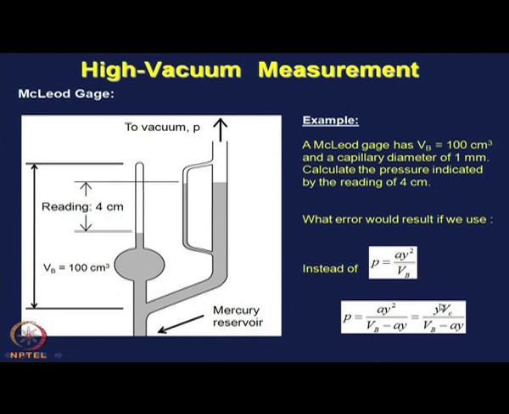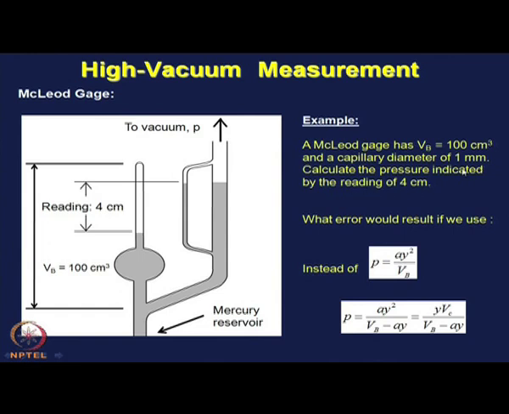So, let us take a simple example and elaborate on this. A MacLeod gauge has Vv equal to 100 centimeter cube, meaning the volume of the bulb, the volume of the capillary and the volume of the tube down to this point is 100 centimeter cube, and the capillary has a diameter of 1 millimeter.